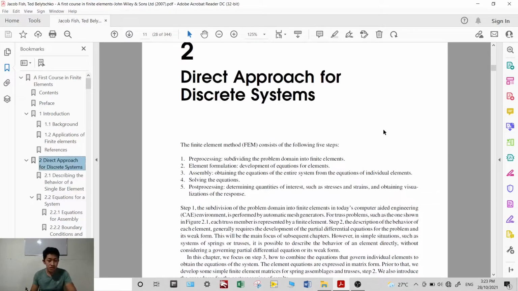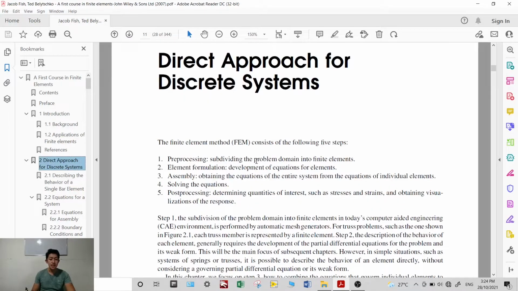So to start, these are the processes involved in conducting finite element analysis. The first is pre-processing. So the domain or the object is subdivided into finite elements. So you divide your domain into elements.